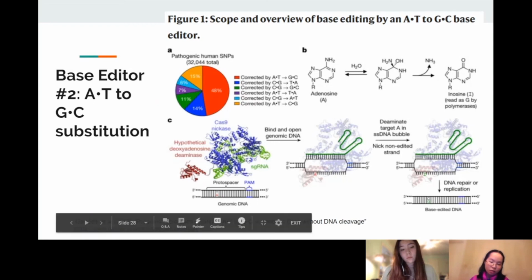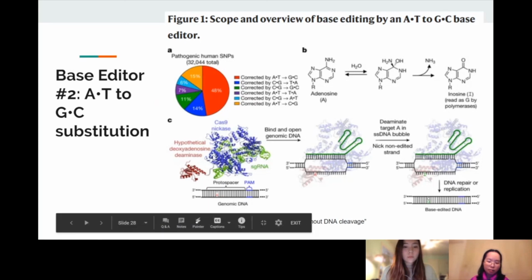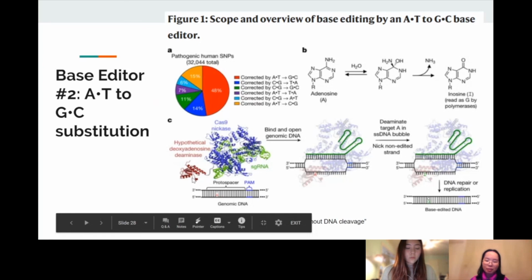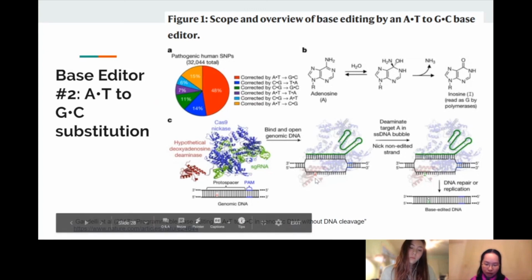So what they want to do is, again, you can see that this engineering project, here's the plan. You have a Cas9 nickase, and then you open that DNA, and then you have some kind of hypothetical deoxyadenosine deaminase. And the deoxyadenosine deaminase simply means an enzyme that does this. So then with the binding, the genomic DNA opens, and now you see that A and T is revealed.